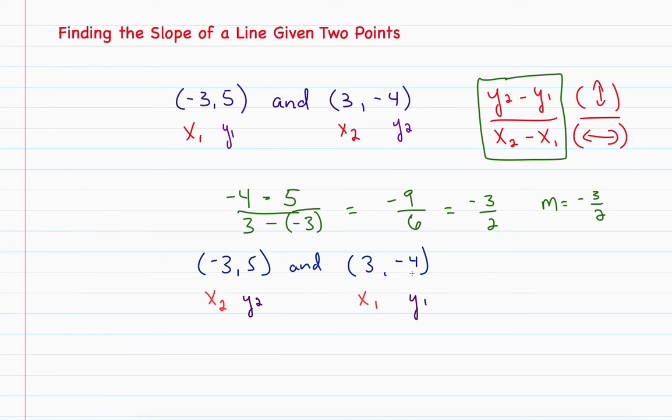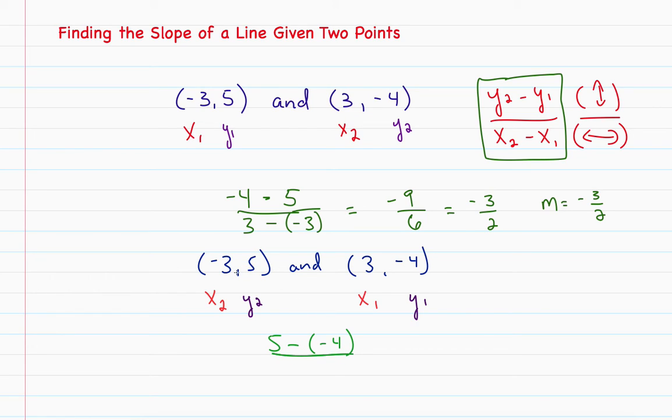Okay, so again, we have to take y2, which is 5, minus y1, which is negative 4. That sets up our numerator.